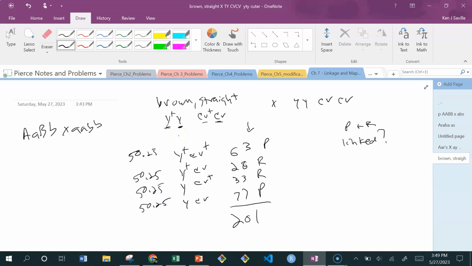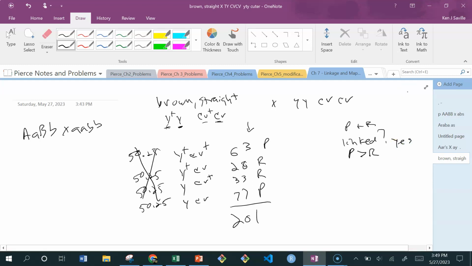So these 28 and 33, none of these things are close to 50. So we reject this hypothesis. We'll do a chi-square next video to show how to do that. But we know that, yes, the parentals are greater than the recombinants. So the genes are linked, yes.